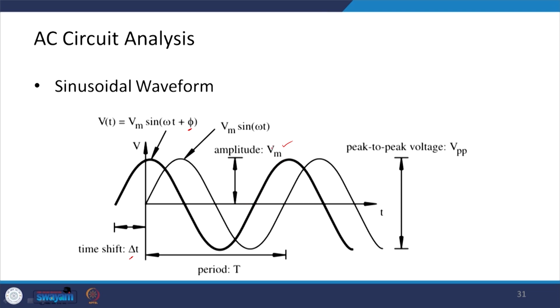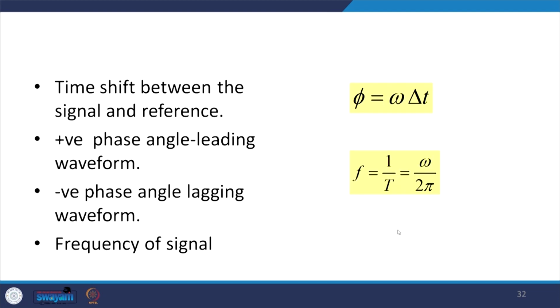This is defined as the time period, and there is a peak to peak voltage. The time shift between the signal and, say, a reference signal, since one of the signals could be the reference, is basically omega delta t. A positive phase angle is there in the leading waveform, and a negative phase angle is there in the lagging waveform. The frequency of the signal is given by 1 by the time period, and this is omega by 2 pi.